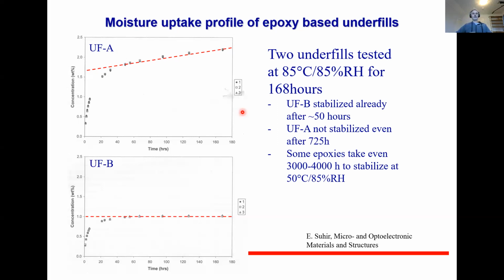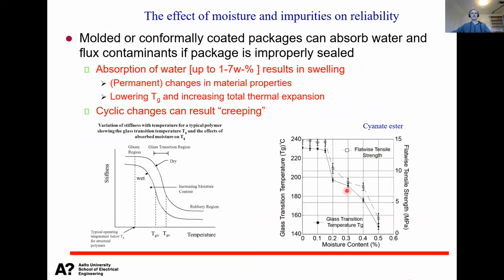So it went below 85, and then basically the material lost its mechanical strength completely. So this was just a case that when you look at the material specifications, they are always measured under certain conditions. And always when you are talking about organic materials, then you need to pay attention to this effect.